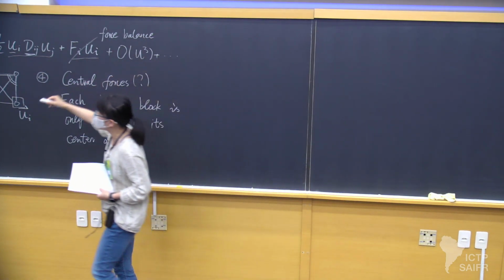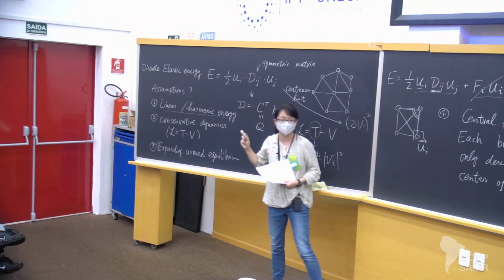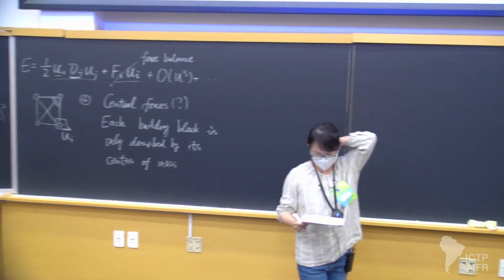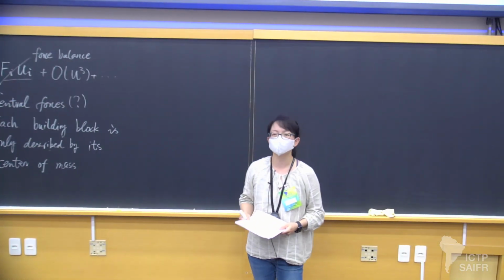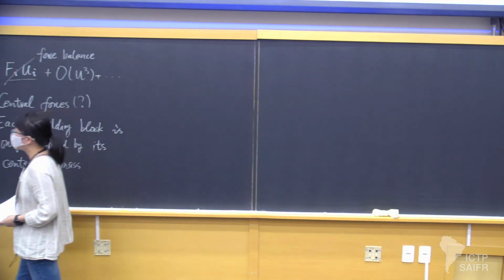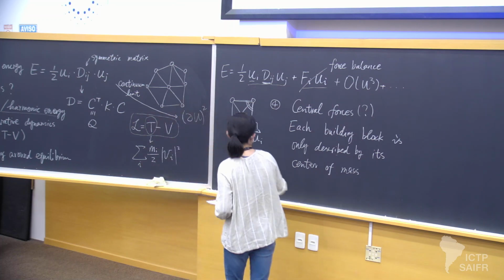Right? So it's the same as assuming it's a linear theory or harmonic energy. Okay? So maybe it's useful to think in terms of what kind of material is described by such a theory, by a Lagrangian like this. What kind of real systems can you think of?